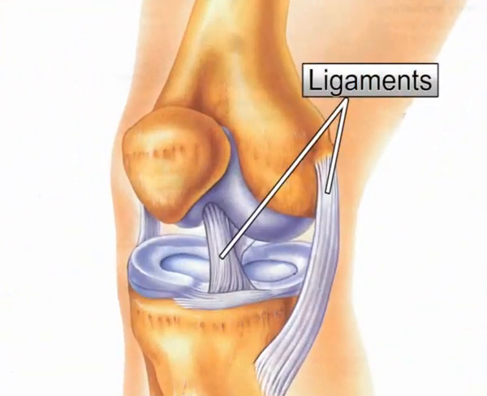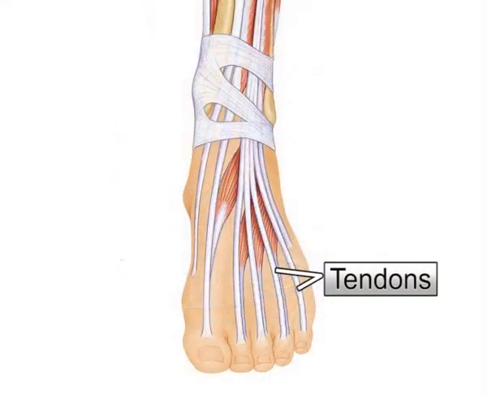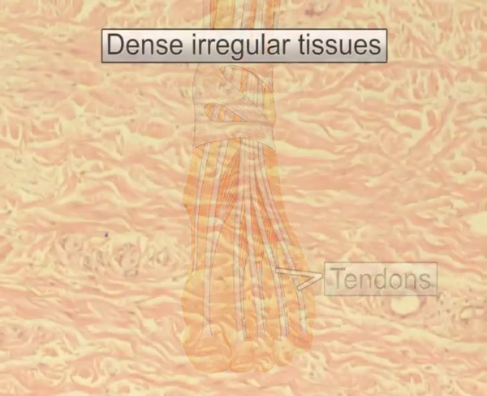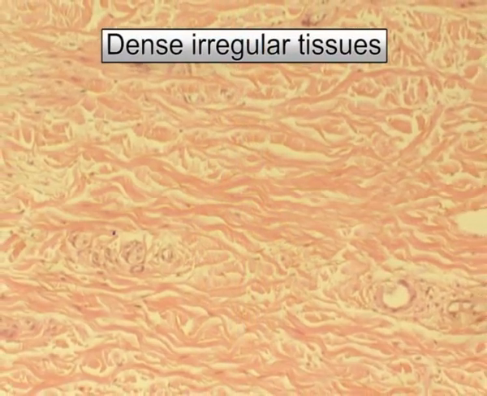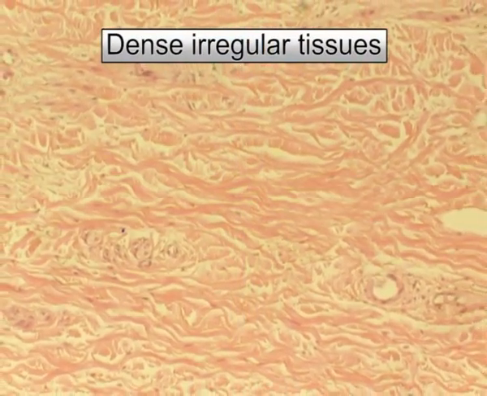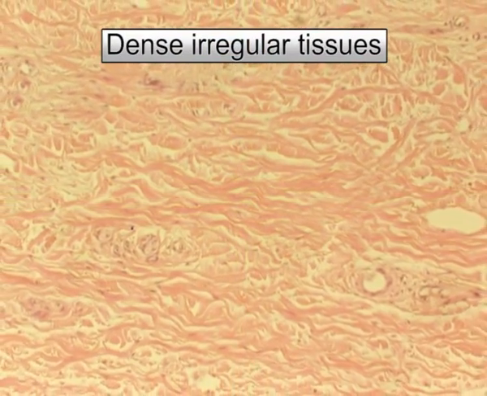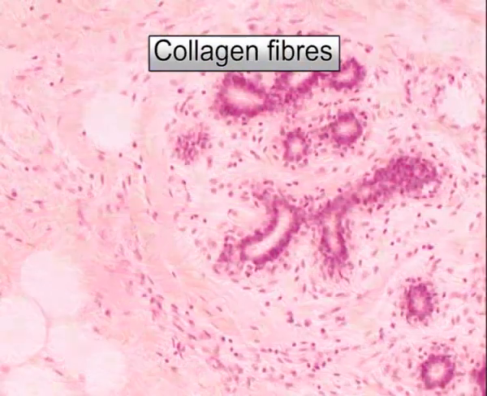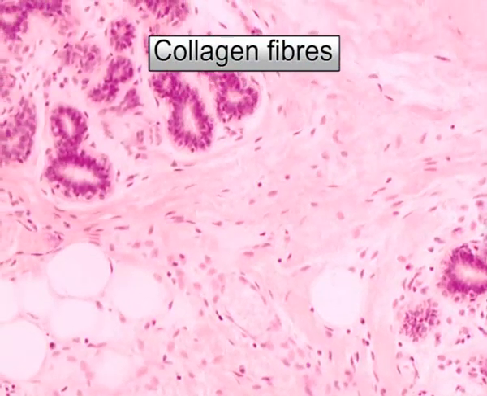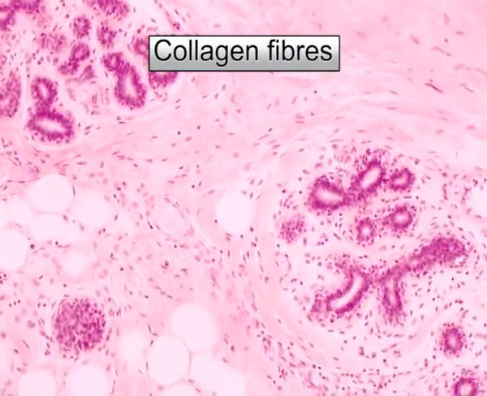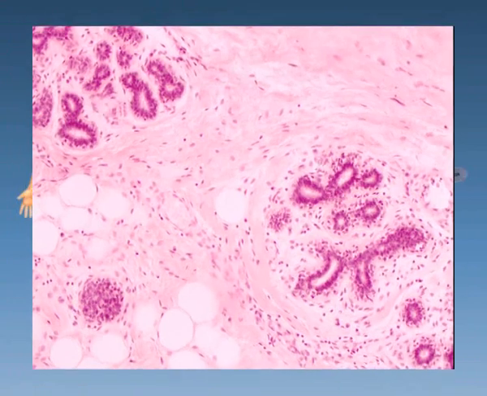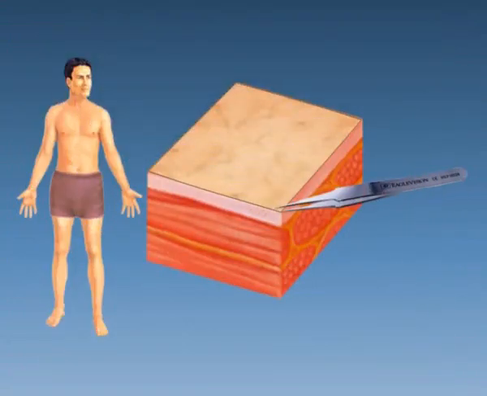Ligaments and tendons are examples of dense regular type of connective tissue. Dense irregular type of connective tissues show an irregular pattern of fibers. These are mostly collagen fibers that are oriented differently. This tissue is present in the skin.